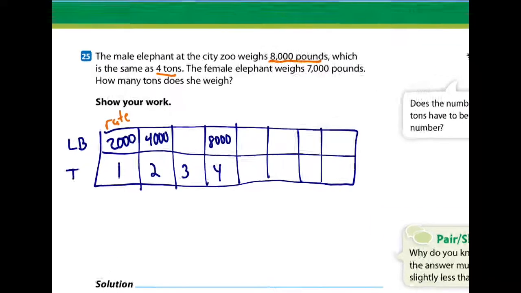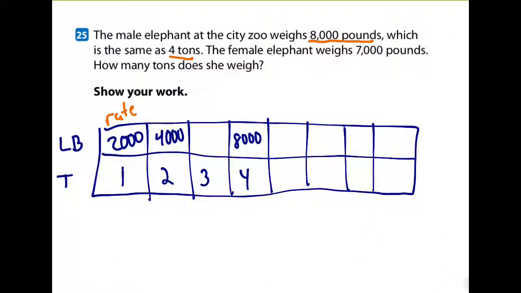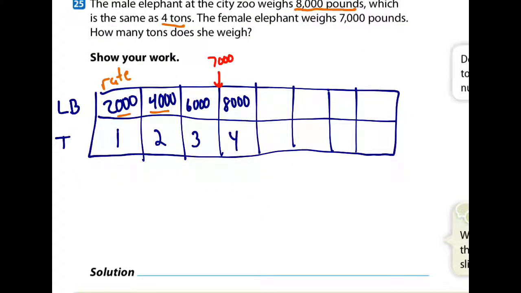So watch this. I notice each of these is counting by 2,000. 2,000, 4,000. That means this is 6,000, right? Now, it says the female elephant weighs 7,000 pounds. Now, 7,000 is exactly between 6,000 and 8,000, right? So, what's exactly between 3 and 4? Wouldn't it be 3 and a half?